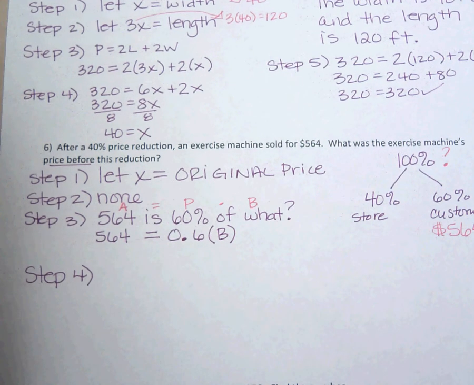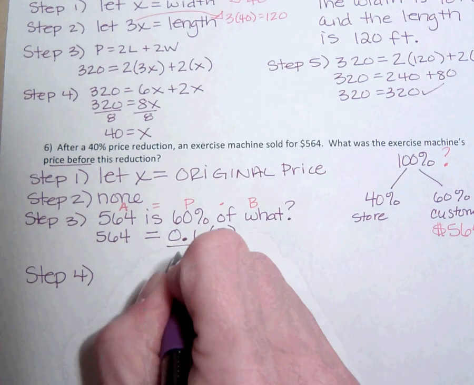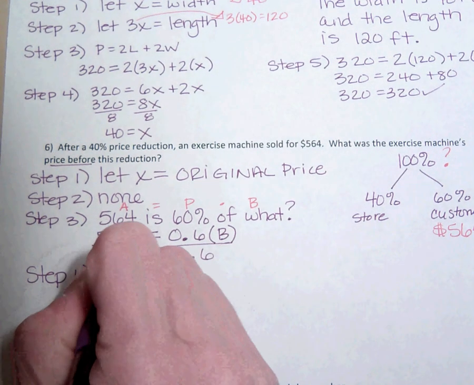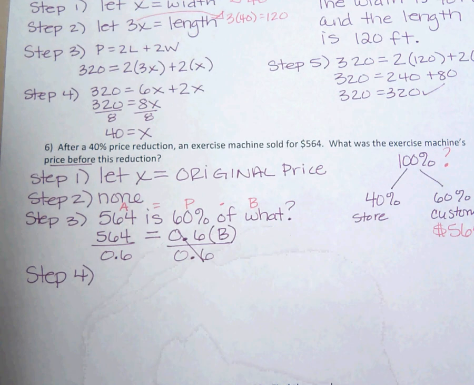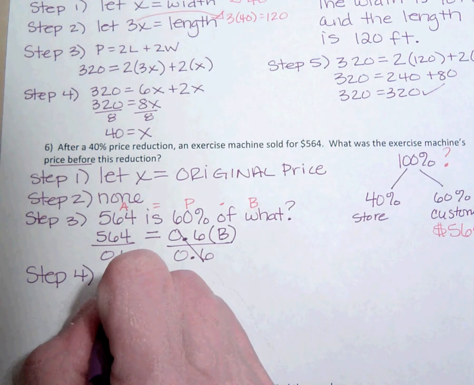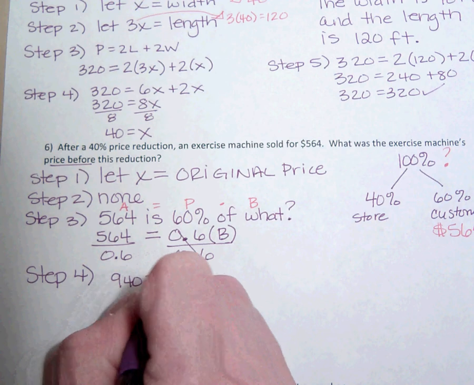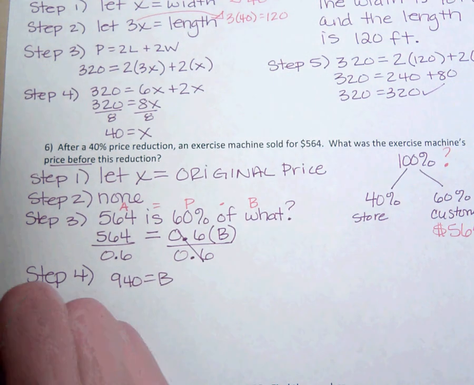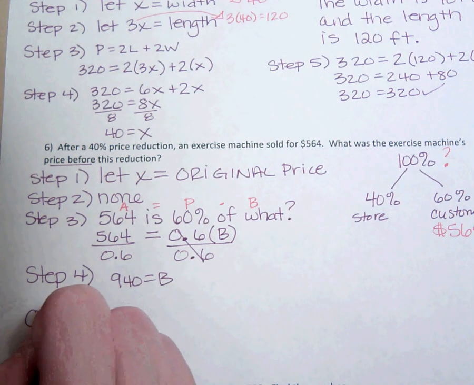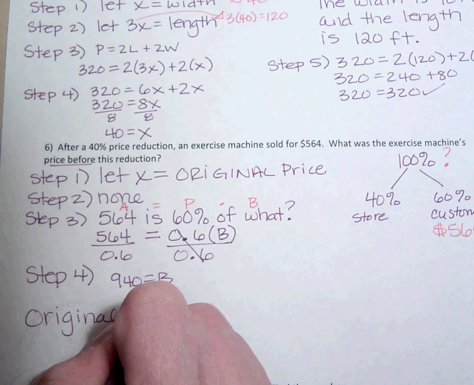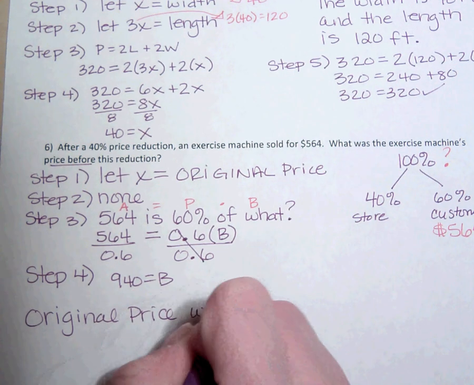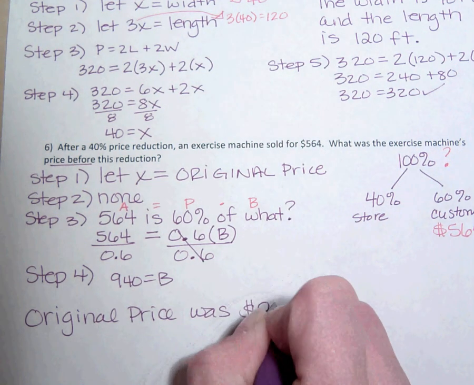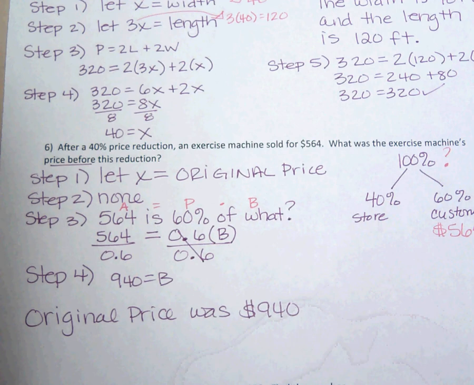Alright, so for step 4, we want to solve for B. So 564 divided by 0.6 tells us that B is 940. So what that means is that the original price was $940.